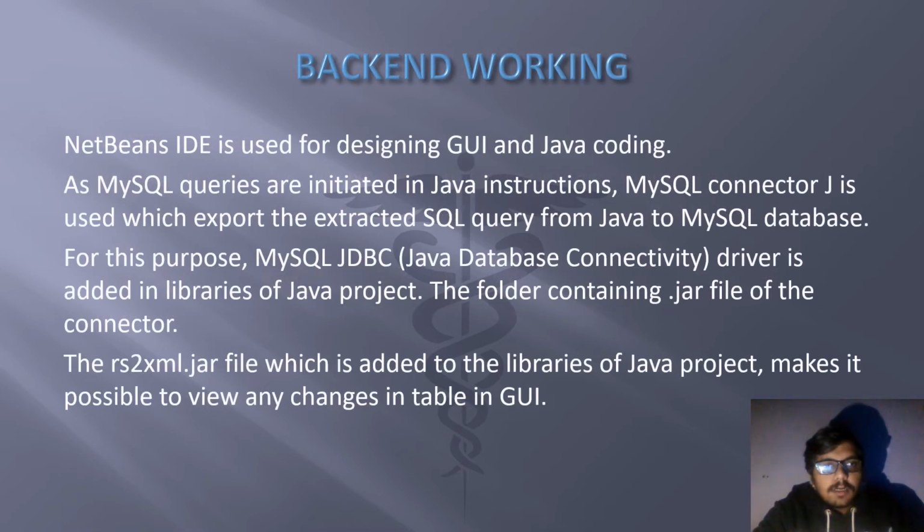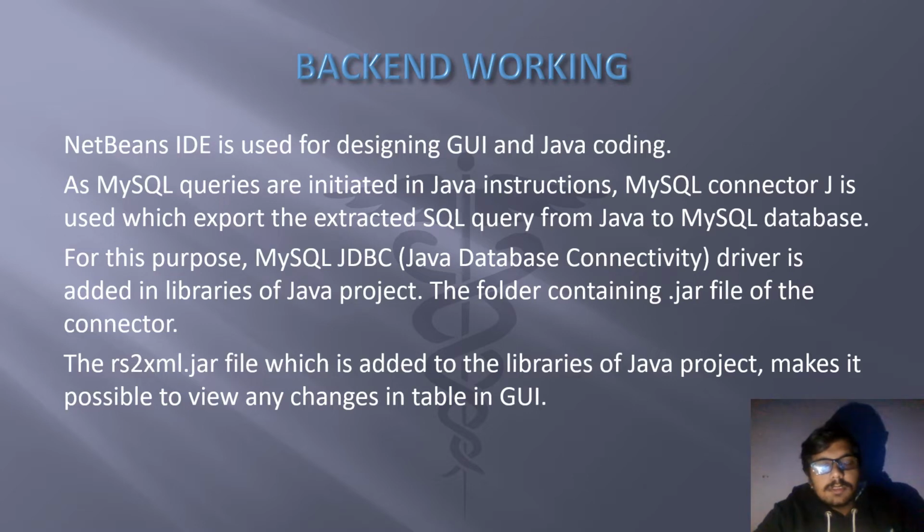For the background working of the application, that is the backend working to connect it to the database, we use the MySQL J connector to export the queries from the Java code to the database for executing and retrieving the required information. Once the database executes the query, it retrieves the required information as output and sends it back to Java.